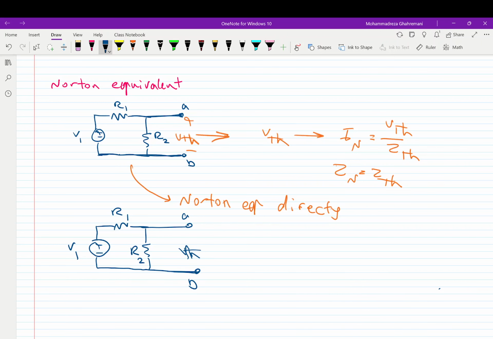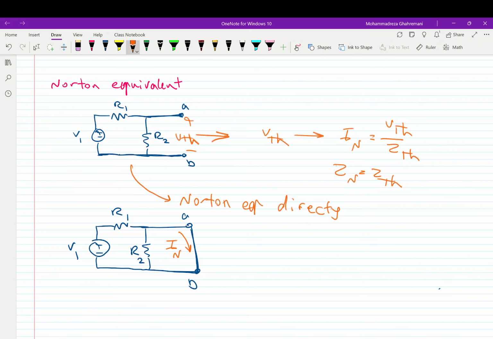For finding I Norton, we short circuit these points and then we find the current moving through this part, and that current is I Norton.